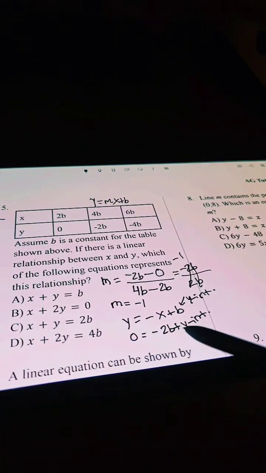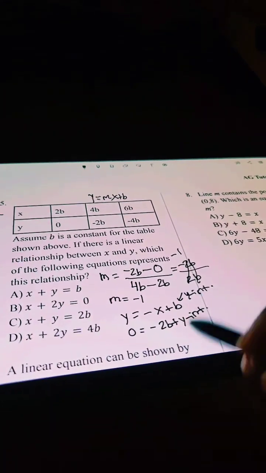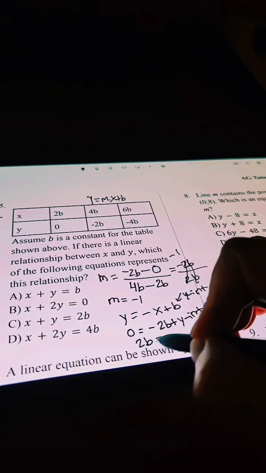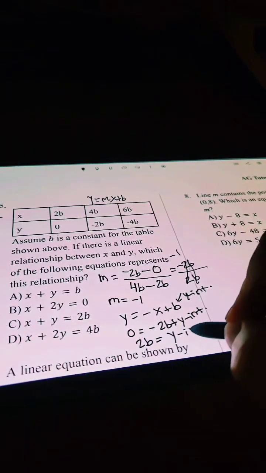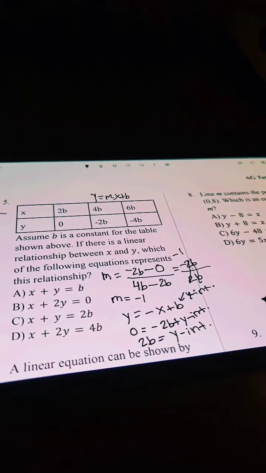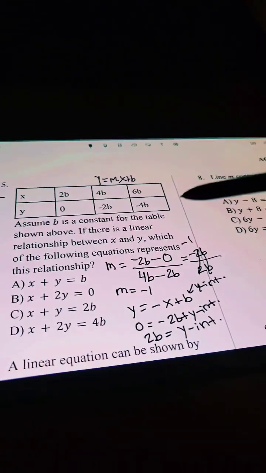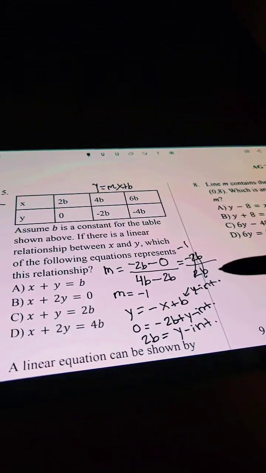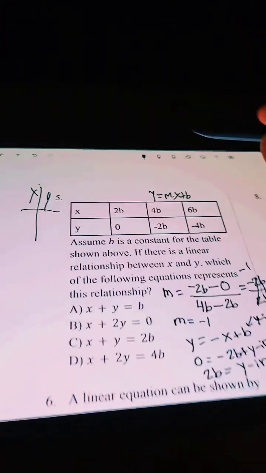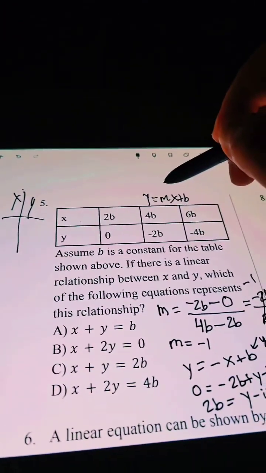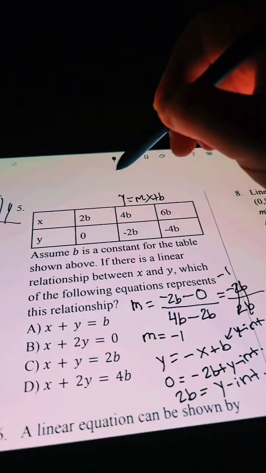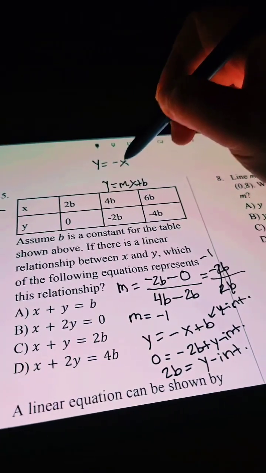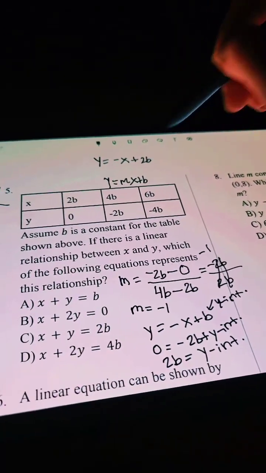So negative 2b plus the y-intercept equals 0. Then we're going to add 2b to each side, and that's going to give us that the y-intercept is 2b. So now I know what m is, and I know what my y-intercept is, so that means I'm going to have y is equal to negative x plus 2b.